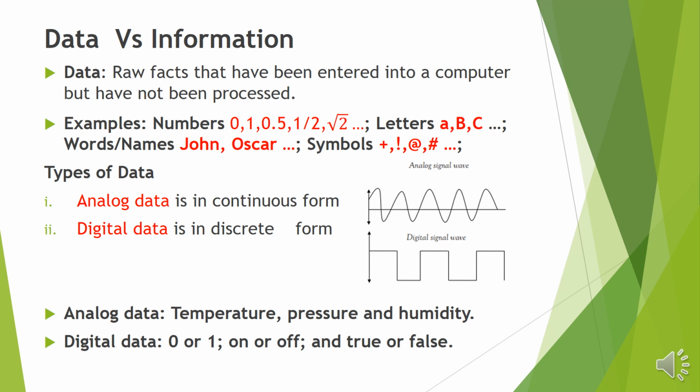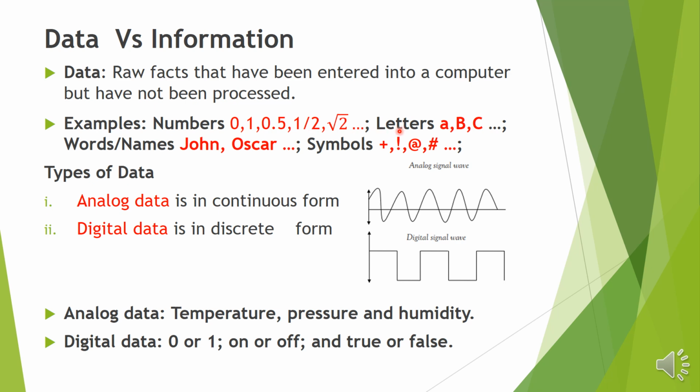Let's take an example. Here we have numbers. There are a lot of sets of numbers including decimal numbers, integers, natural numbers, rational numbers, irrational numbers. All these above mentioned numbers are data because they have to be entered into the computer for processing.